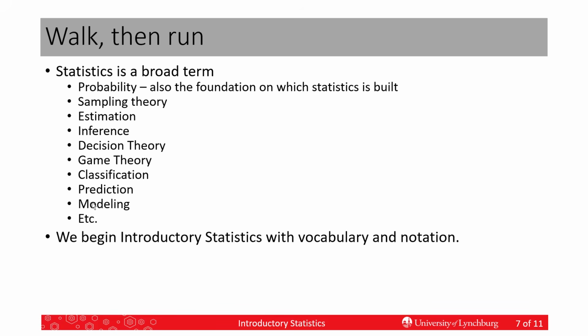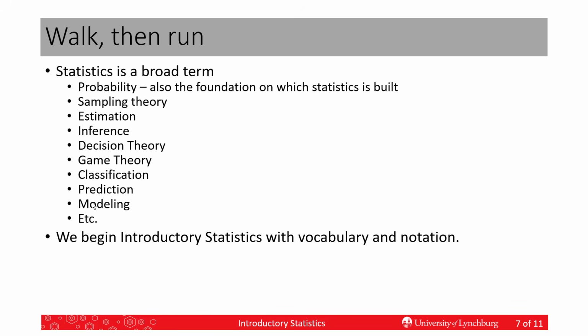So in order to do this semester, we need to start off with some vocabulary and some notation. You're going to have to learn a lot of new terms and definitions and just know how to use them. I'm not going to make you regurgitate definitions, but you need to understand what's being said. And there's a lot of new notation, symbols. So we use a lot of Greek letters and a lot of English letters, if you will.